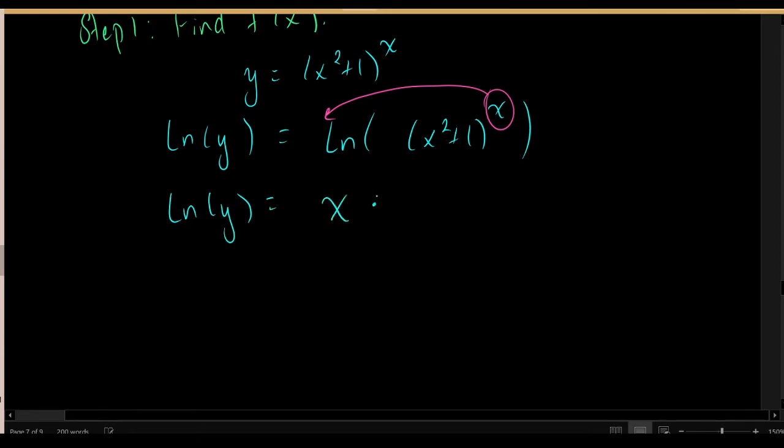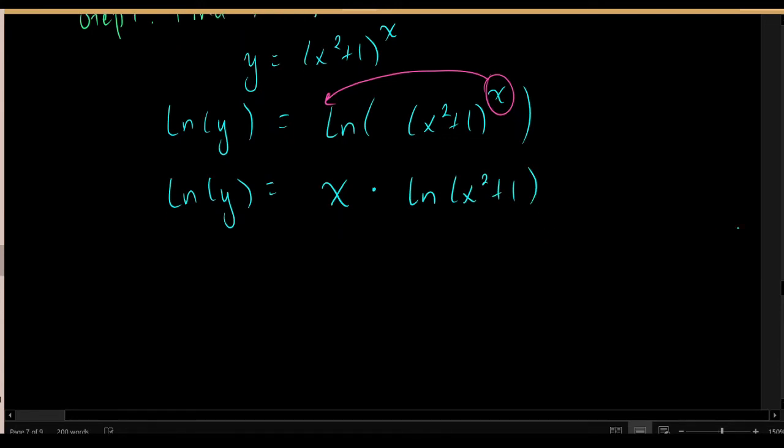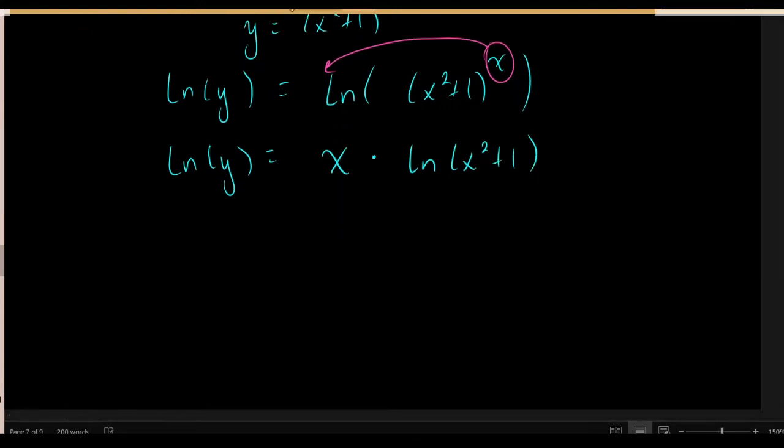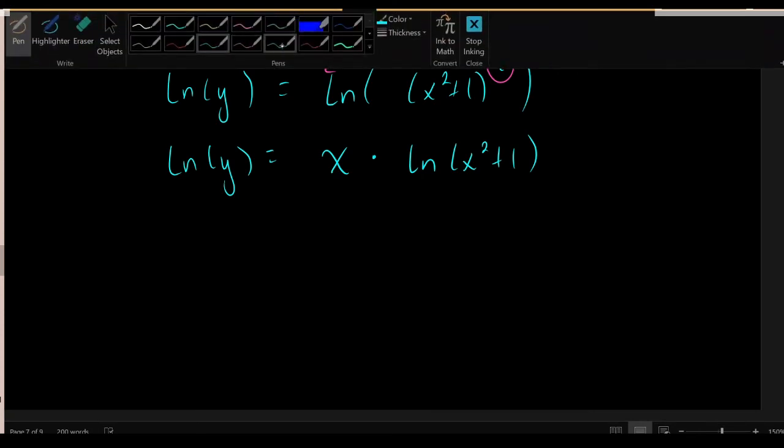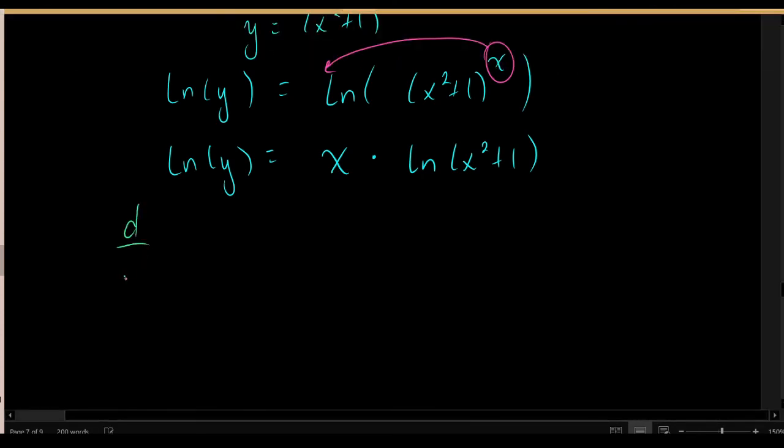And we get x times the natural log of x squared plus 1. So now let's apply implicit differentiation. Let's calculate the derivative with respect to x on both sides.